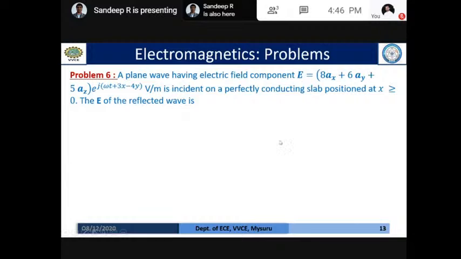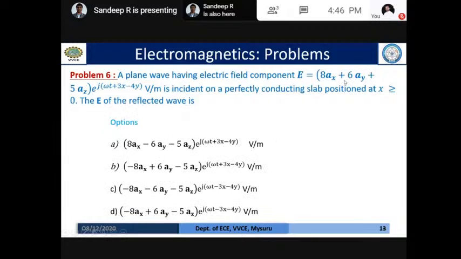So vector E is the expression: the total amplitude multiplied by a minus sign. So minus 8ax minus 6ay minus 5az you should get. And here the wave is getting reflected, so the sign of x changes from positive to negative. So plus 3x should become minus 3x.